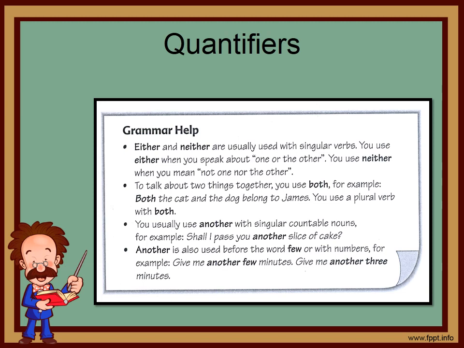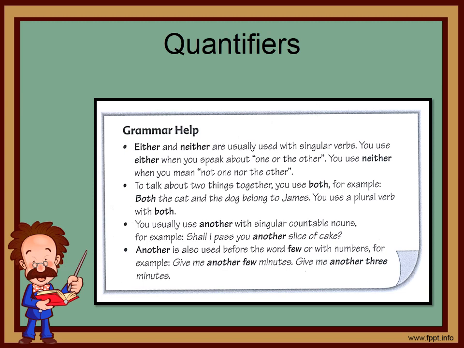Second point, to talk about two things together, you use both, right? If you have two nouns, two things, and you want to discuss both of them together, automatically you say both of them. Both. The cat and the dog belong to James. Now maybe there are two pets, a cat and a dog, and we want to talk about both of them together.